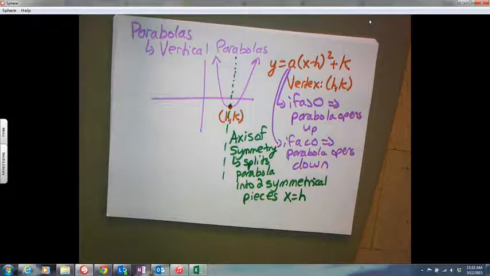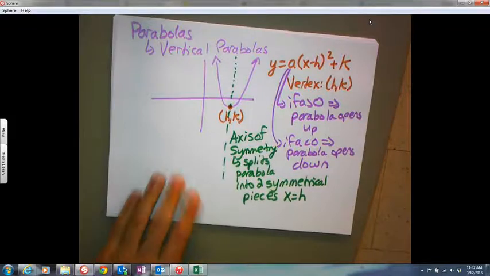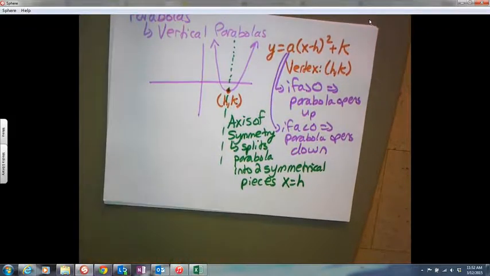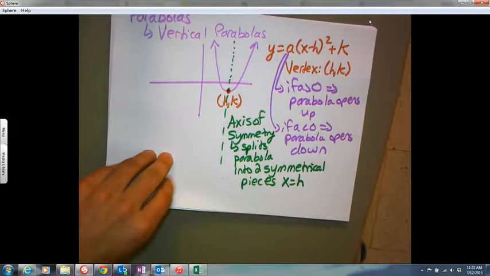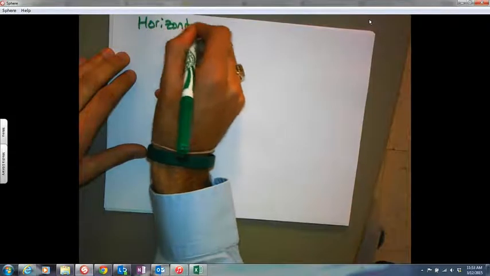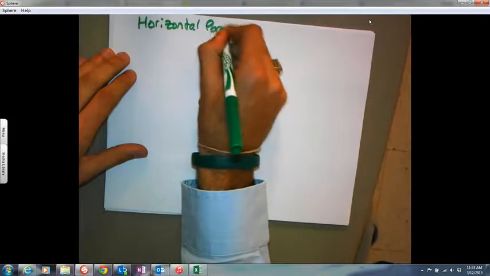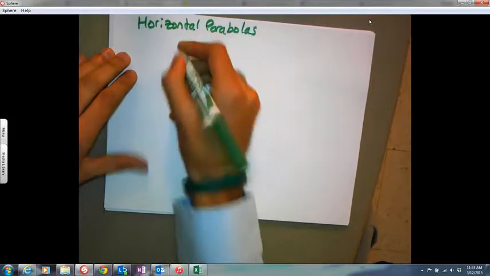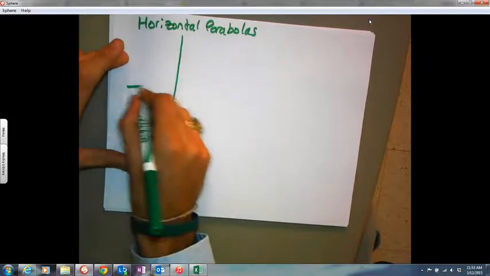Questions on vertical parabolas? Okay, now we have horizontal parabolas, which will probably be a bit newer for you all. So let's jump in with horizontal parabolas. Horizontal, perhaps newer, I'm not sure if we saw these with Mr. Kurth or not. It looks something like this.